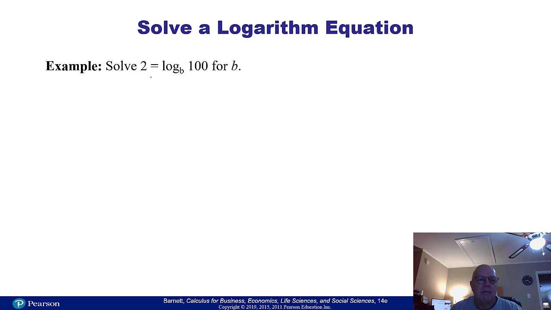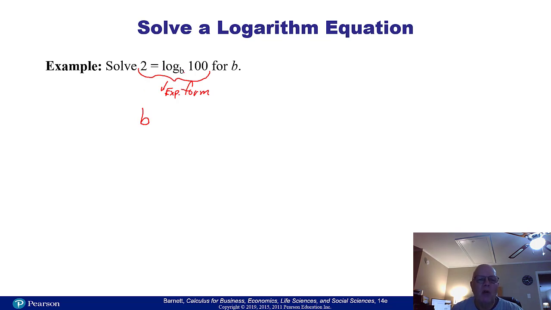All right, so here's your equation. Now we can't solve it the way it is. So what we're going to do is convert it to exponential form. Where do we start? We start with the base, b. What's the exponent?